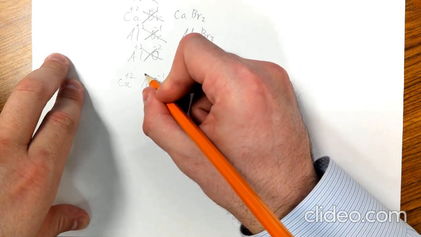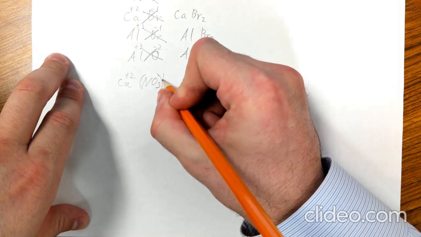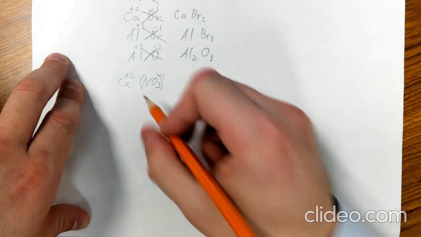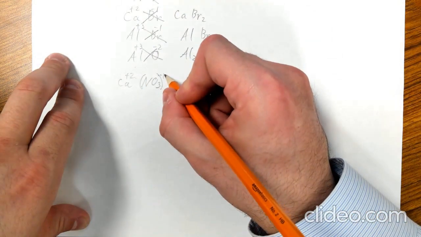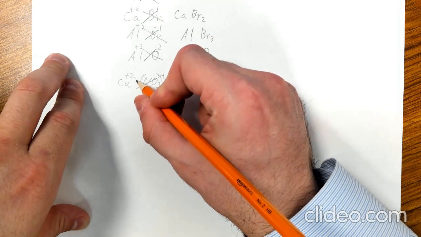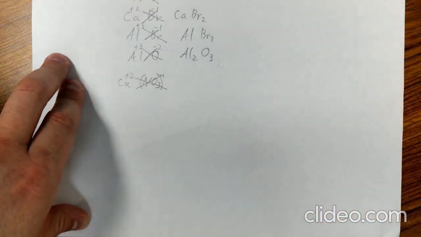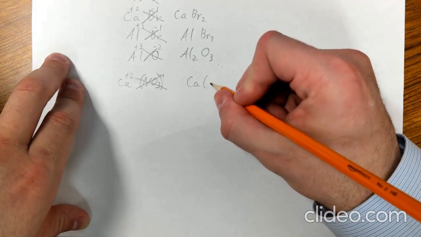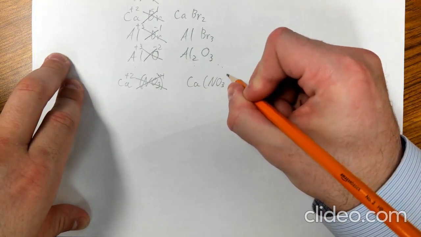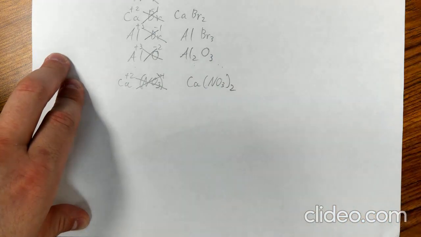But the thing is, this whole thing here is what has my -1 charge. The entire NO3. That is what has my -1 charge, so when I crisscross, the 2 goes to the outside of that parentheses. So I get calcium, parentheses, NO3, and then 2.